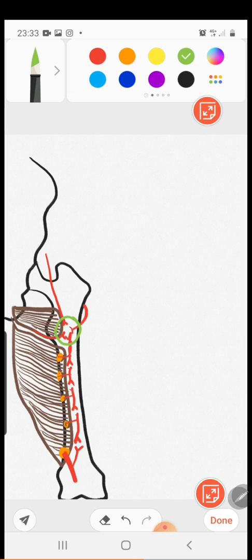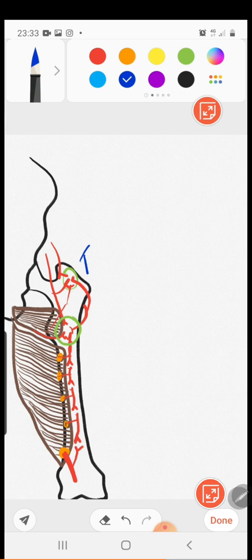Over there, closely related to the lesser trochanter, at the junction between the lower border of quadratus femoris and the upper border of adductor magnus. Similarly, in the region of the trochanteric fossa, you have another anastomosis between the branches of the inferior gluteal artery, superior gluteal artery, lateral circumflex femoral artery, and the ascending branch of the medial circumflex femoral artery.